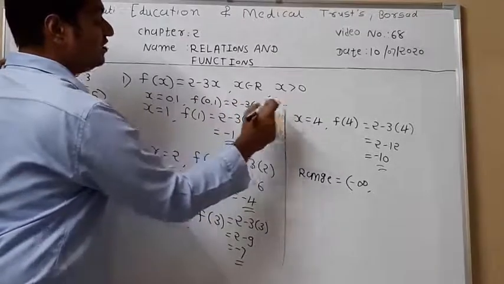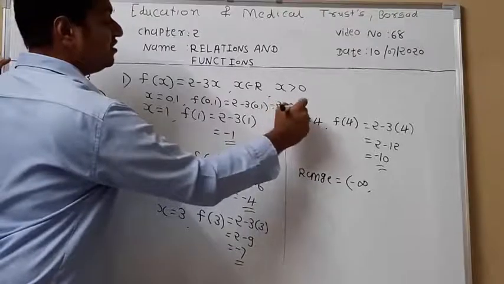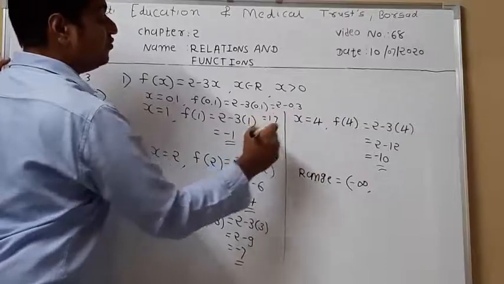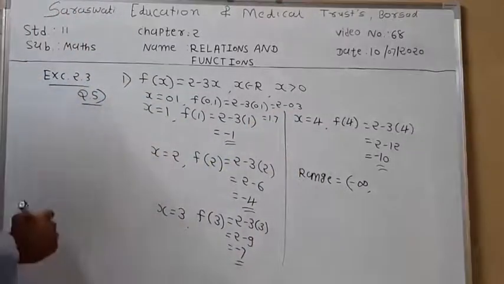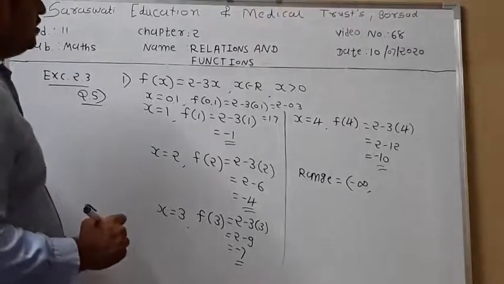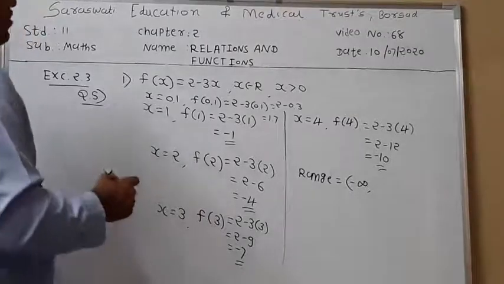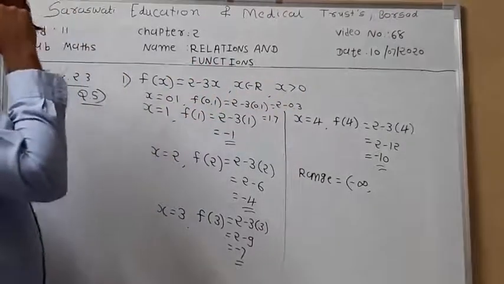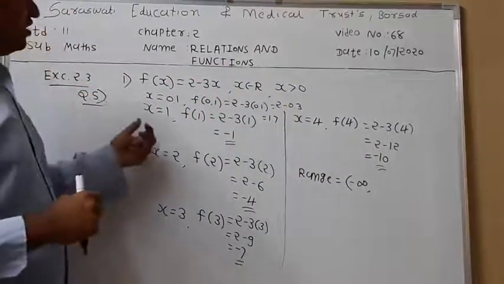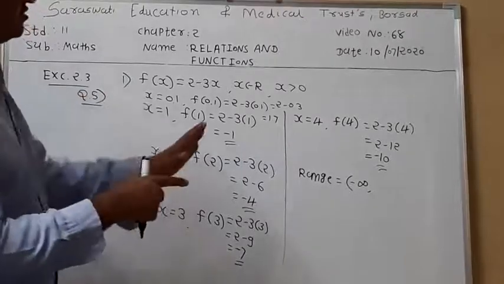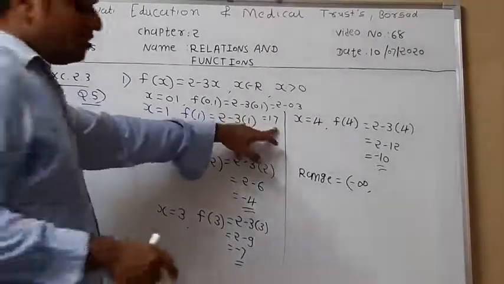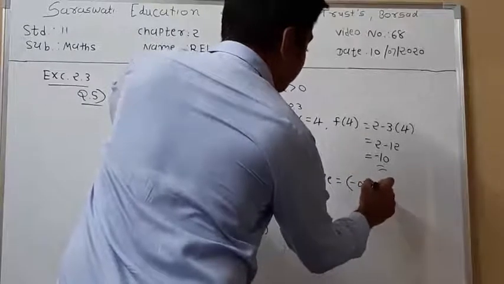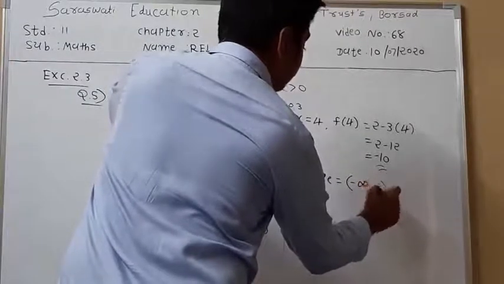So 2 minus 0.3, that means we get 1.7. And the condition is present x greater than 0, that means 0 we cannot substitute. So our answer: the range is 1.7, that means we can write range is equal to minus infinity to open interval 2.